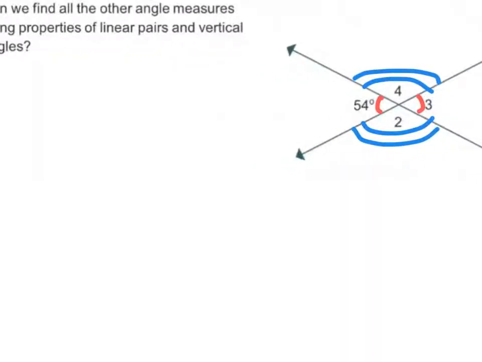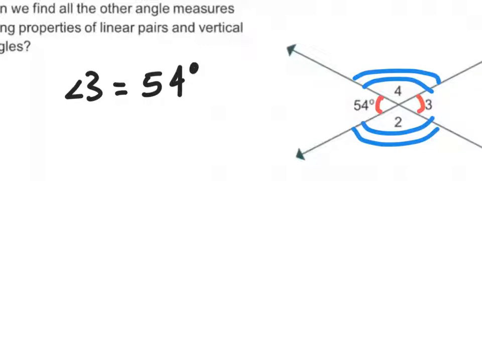So therefore, angle 3 is the same thing as 54 degrees. If this angle here is 54 degrees and it's across from angle 3, and they're vertical angles, then I know that angle 3 is 54 degrees.